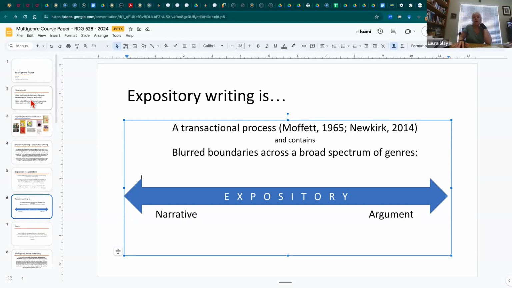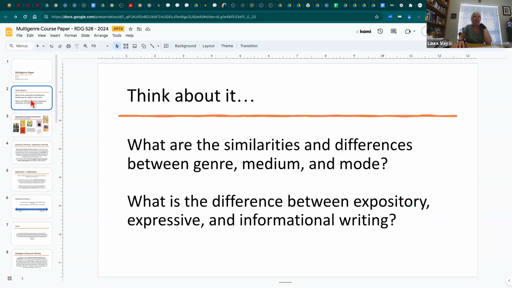So let me back up now just to give you some context. We just talked about this, but we didn't talk about genre, medium, and mode, and there is a difference. Genre is that very specific category. We think of genre as poetry, drama, narrative, a cookbook or a recipe, a play, a blog post. Those are different genres.